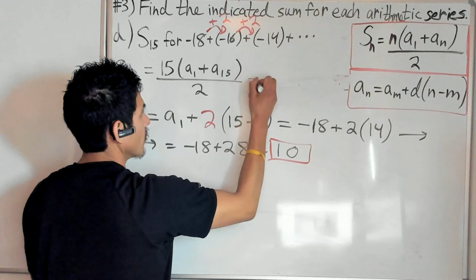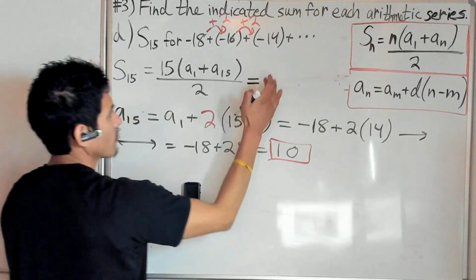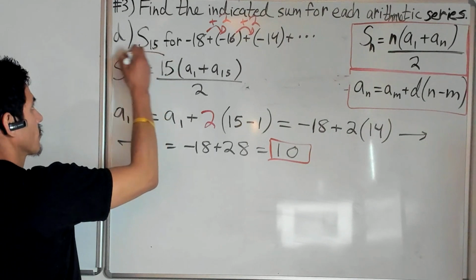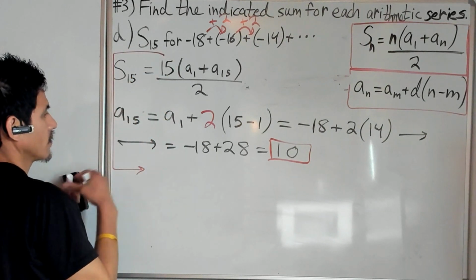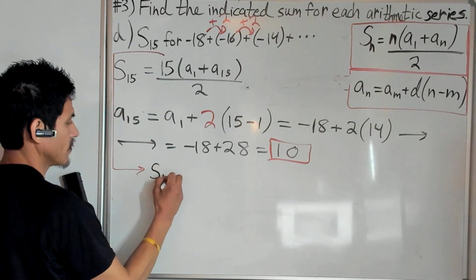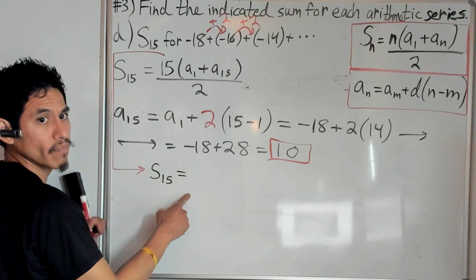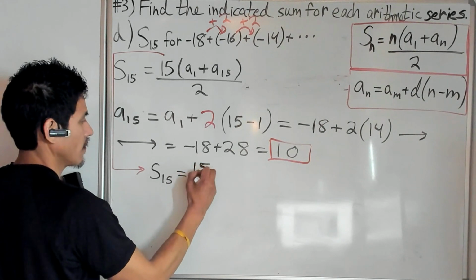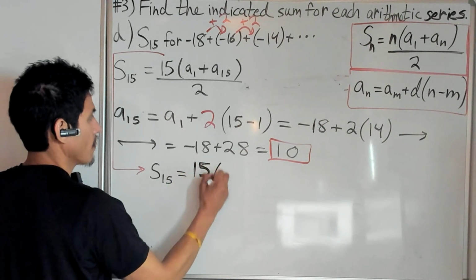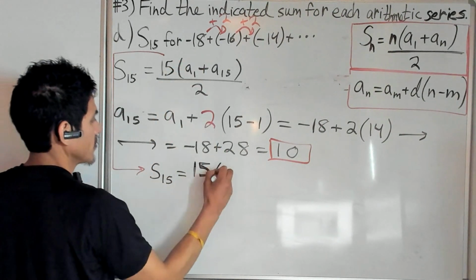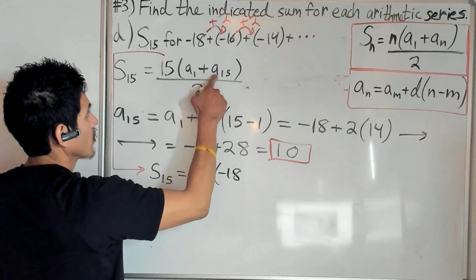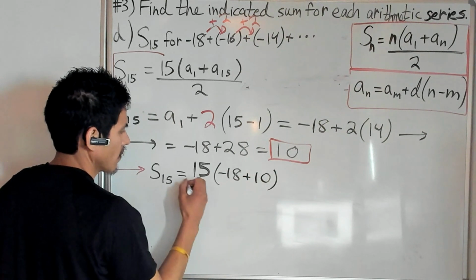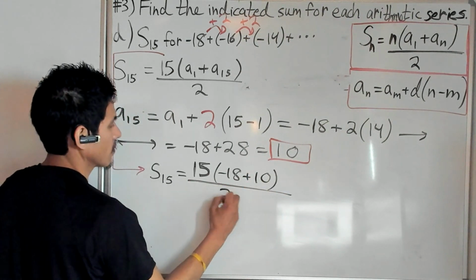Let me just work it out down here, so I don't have to rewrite it. So S15 will be 15 times a1, or negative 18, plus a15, which we found to be 10, over 2.